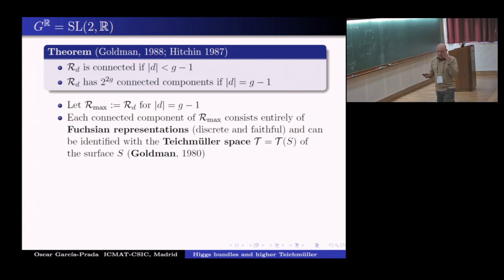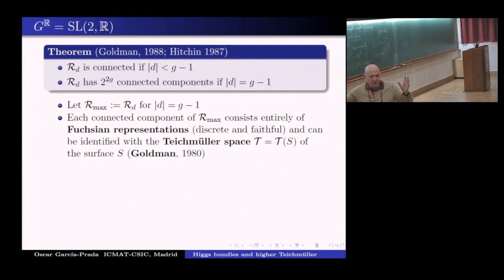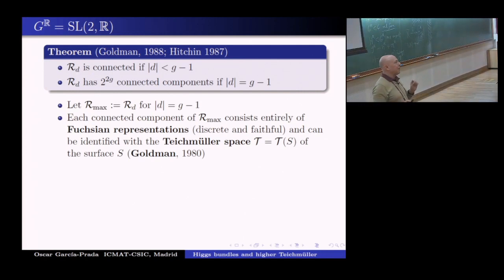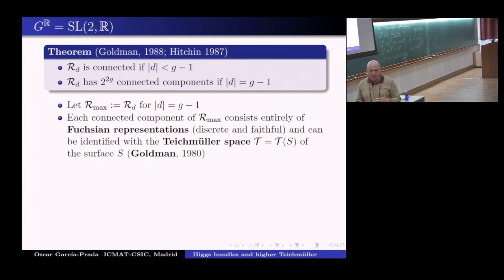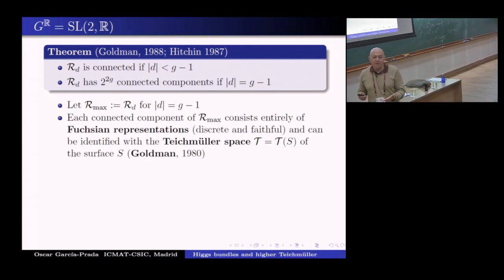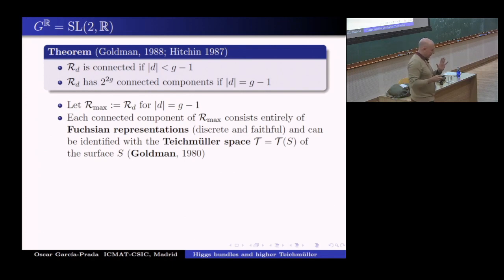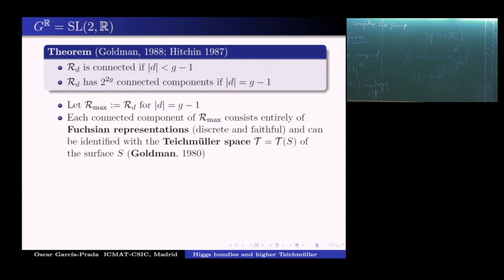You can say, but there is just one Teichmuller space, so what are you saying here? From the point of view of Teichmuller theory, the relevant group is actually PSL2R. When you go to PSL2R, all these 2 to the 2g components get identified to one component, so you get rid of this choice of the theta characteristic, the square root of the canonical, and you have just one. It is a question of lifting: you can lift the one in PSL2R in these 2 to the 2g ways.